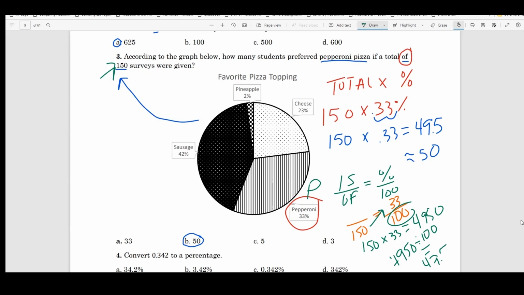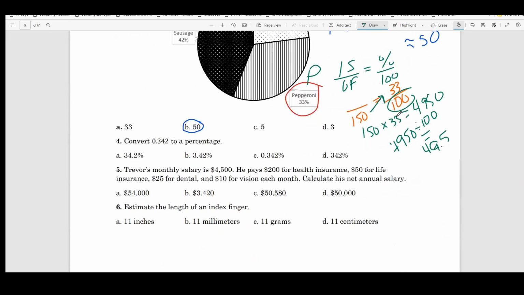So there are two different ways to do the same problem. If you ask me, I prefer this way if you're a person that's a little shaky in math and you need something that's consistent. But if you know that when you see the word of, you have to multiply, you can do that as well. It just doesn't work for every scenario. So it definitely just depends on you.